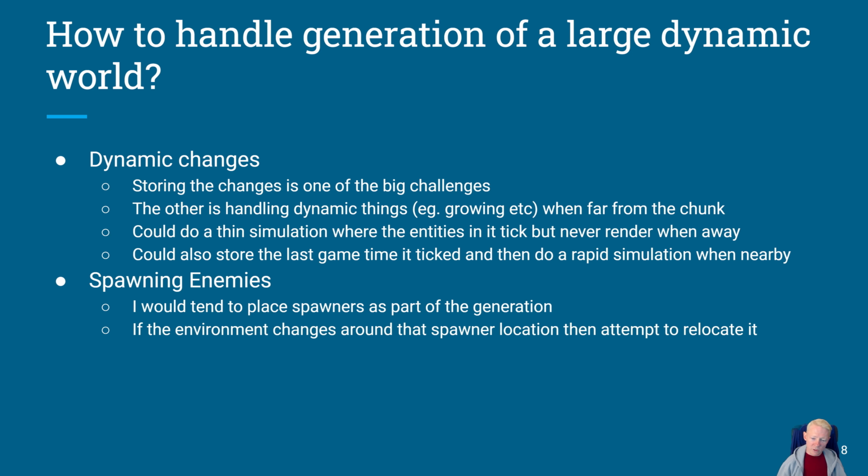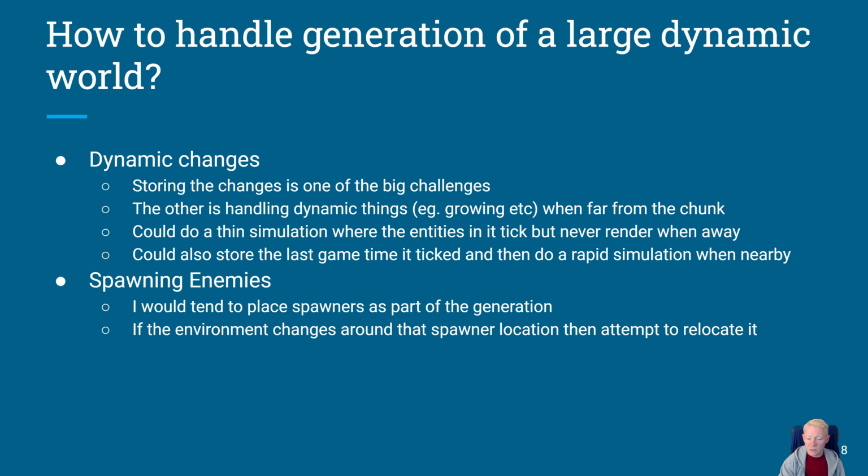And then what I would do is, if the environment changes within a certain area around that spawner, you reevaluate it, potentially relocate it, or it might end up being a case of it's destroyed. If it's put at the top of a mountain and the player has just carved out the entire top of that mountain, then the spawner would just be able to be deleted.